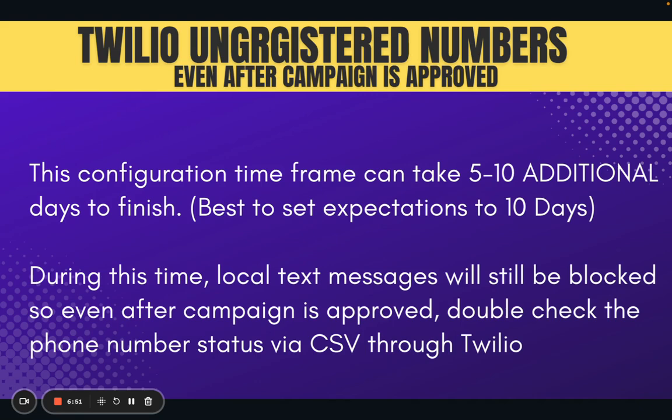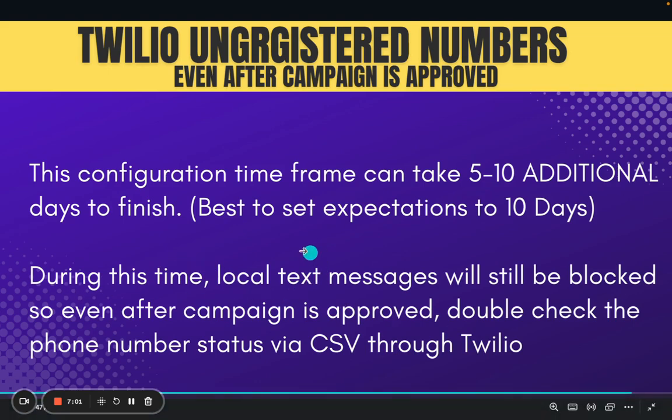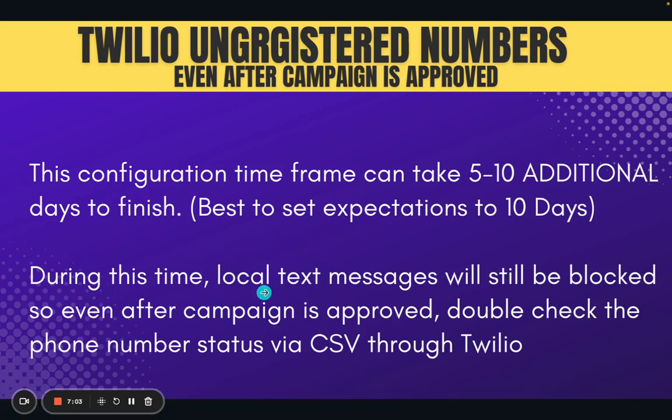So it's best to set your expectations, or if you're working with anyone, best to set those expectations that it will take an additional 10 days. Now, during that time, that means that local number, if you're using that local number, these text messages will still be blocked, even though the campaign is approved, because the configuration is not completed.